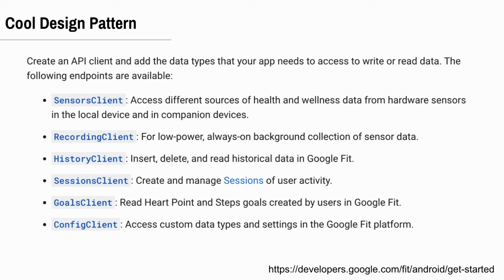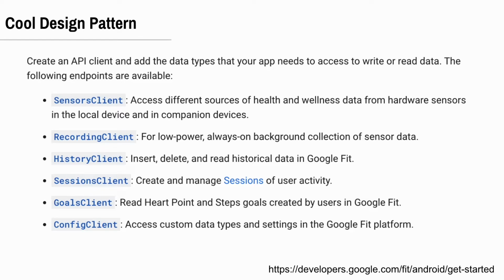When we talk a little bit about the design pattern of how Google Fit works, they basically have a couple different channels for getting this information. So you can see here that there's sensor client recording, which is for any actual session of data. So we're going to be recording that data.